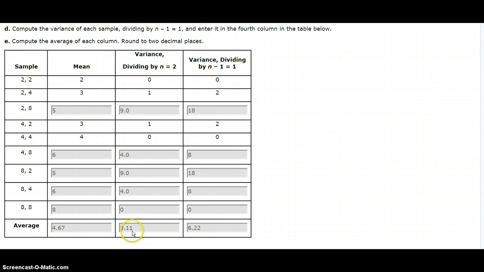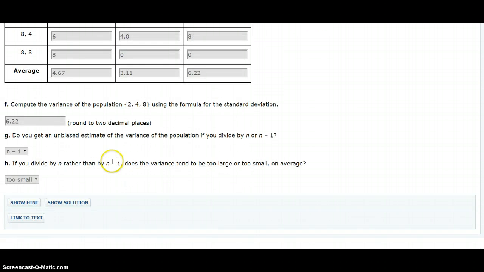And then taking the average, we just add all of these up and divide by the number that there are. Same thing over here. Now we compute the variance of the population using the formula for standard deviation. This is the original formula that we had looked at back in the early chapters of the book.